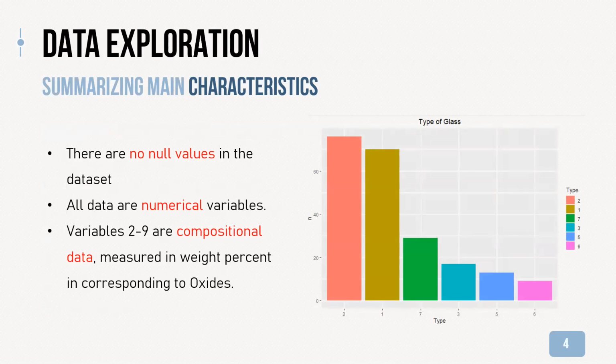Based on the bar chart on the right by type of glass, type 2 and type 1 are the most encountered by the forensic department, the criminological investigation department, because most crimes usually take place in buildings. That is why type 2 and type 1 are high.